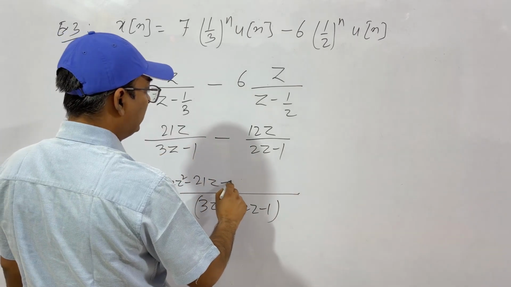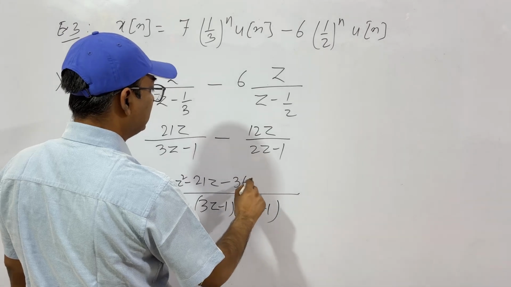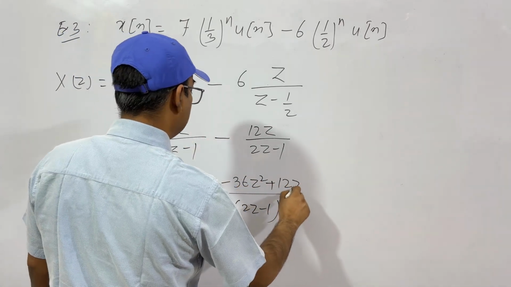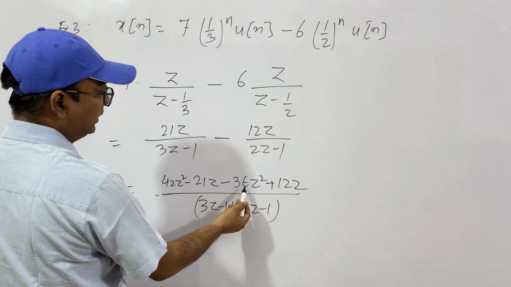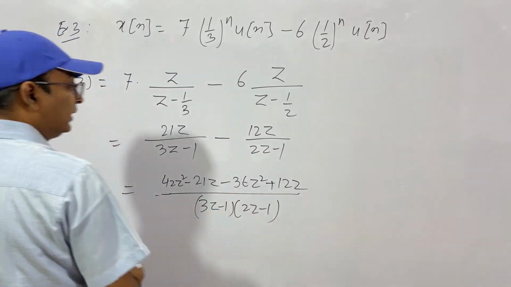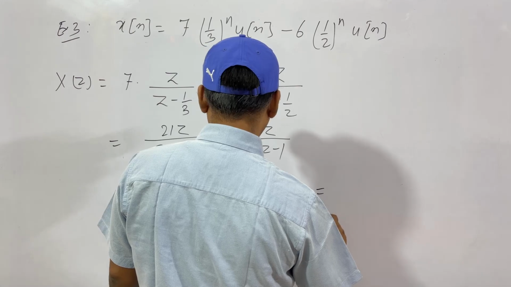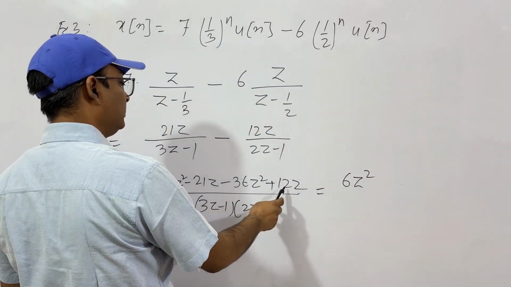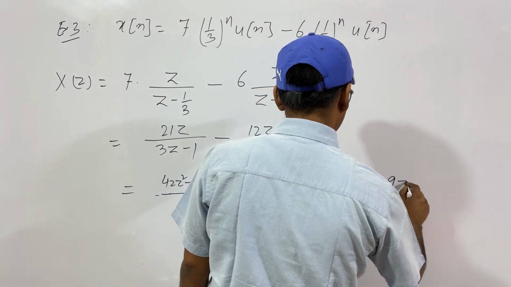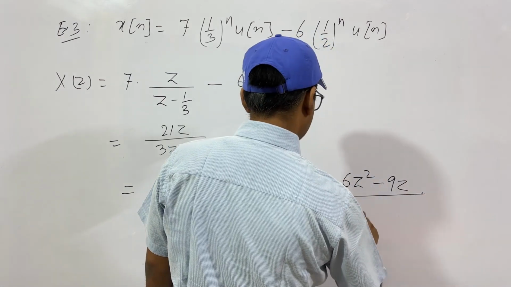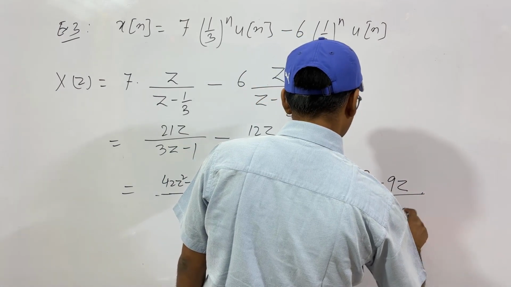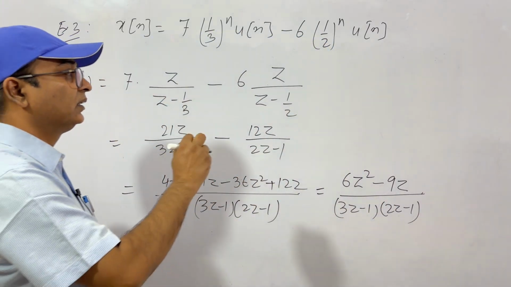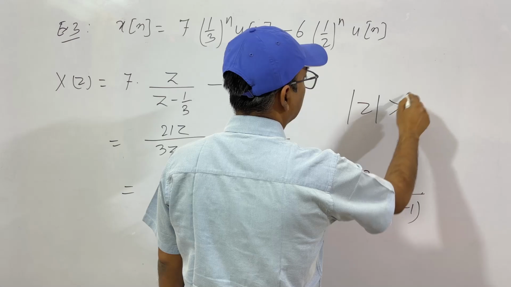Here you will get minus 12 into 3, that is 36z square, minus minus plus 12z. So you have 42 minus 36 z square, that is, the value is 42 minus 36 is 6. So this is 6z square minus 21 plus 12. So it is minus 9z by 3z minus 1 into 2z minus 1. So X(z) is equal to this. This is the z transform, and I have told you the region of convergence is mod of z greater than half.